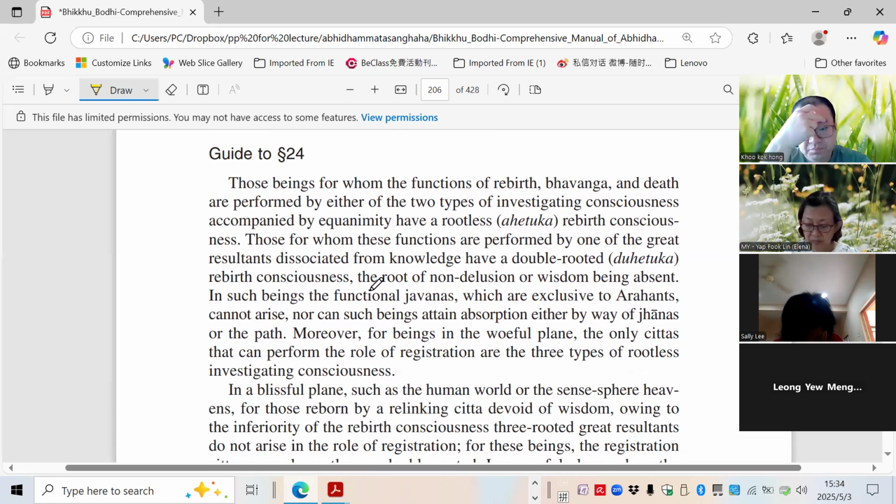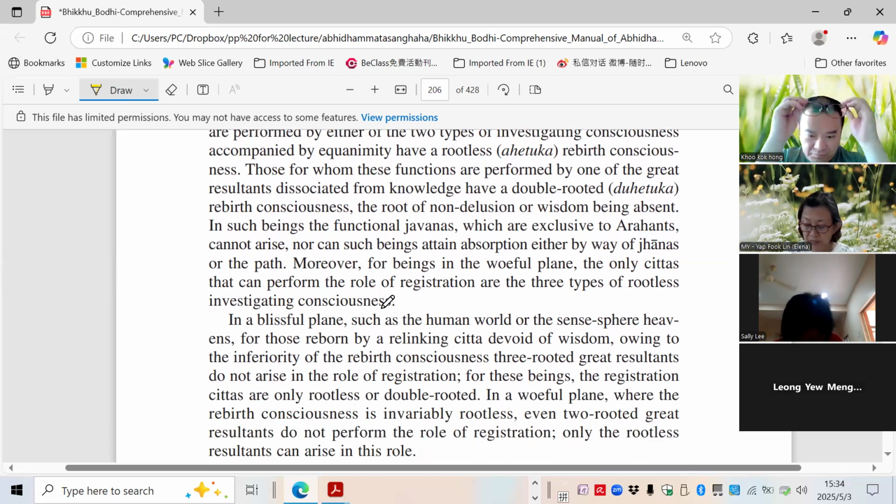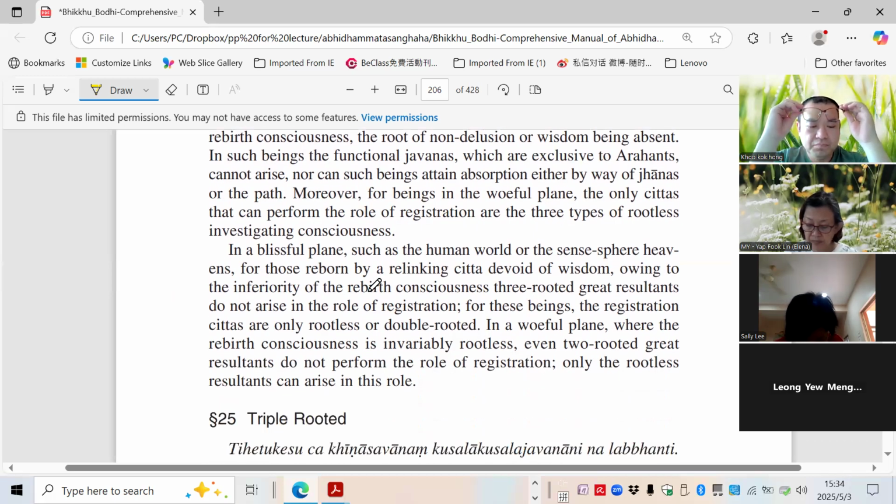Those for whom these functions are performed by one of the great resultants dissociated from knowledge have a double-rooted rebirth consciousness, the root of non-delusion or wisdom being absent. In such beings, the functional javanas, which are exclusive to arahants, cannot arise, nor can such beings attain absorption either by way of jhanas or the path.